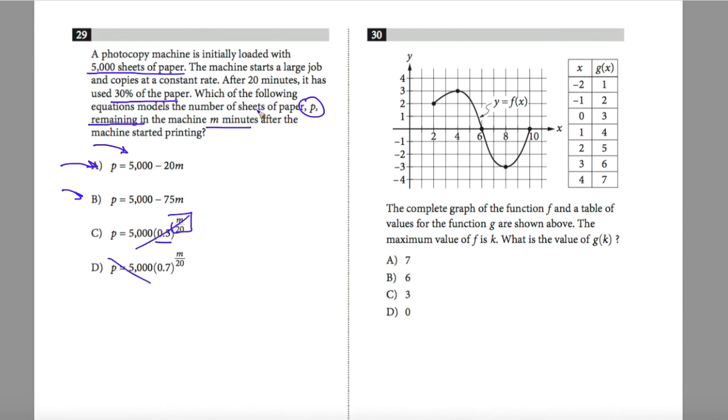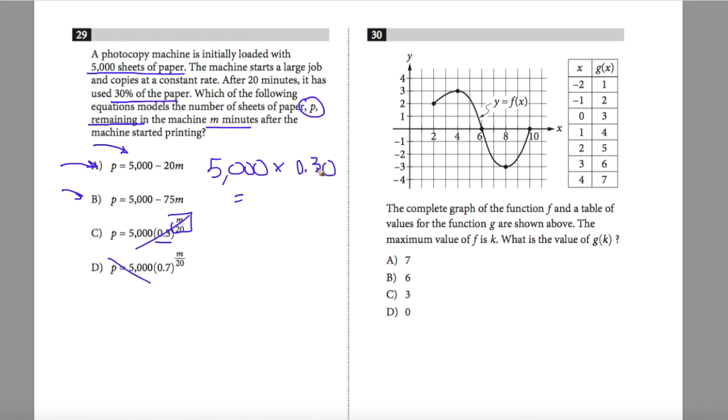Now the way to determine this is that if I have 5,000 sheets and I'm using 30% of those sheets in 20 minutes, it's 5,000 times 0.3.